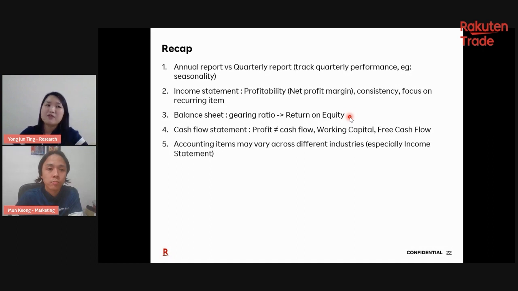So usually if you have 15% to 20% ROE, it's considered quite good. And number four, very important, cash flow statement. Profit doesn't equal cash flow. So you have to focus on your working capital, see the reason behind the changes of working capital, free cash flow, and also look for positive operating cash flow.